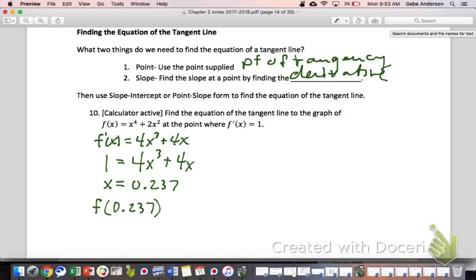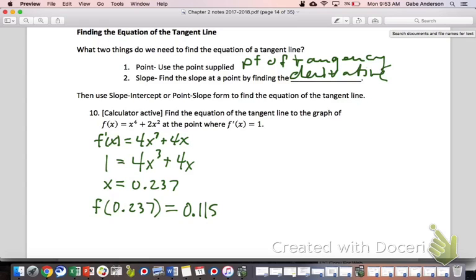Okay, so I'm going to trust you guys on this one. What is f of 0.237? So 0.115, would that be accurate to 3 decimals? Okay, fair enough. So that is the y-coordinate of the point of tangency, and I've got the x-coordinate already. So let's think. The two things we've got to have are the point of tangency, which we just completed, as well as the slope of the tangent line.